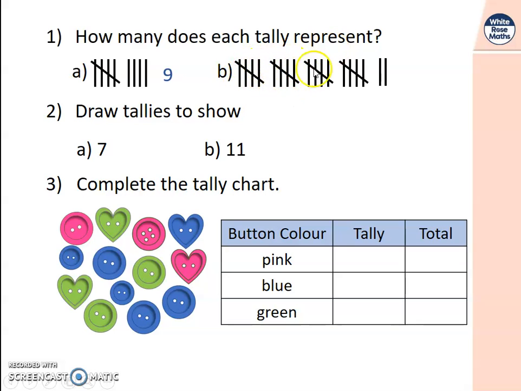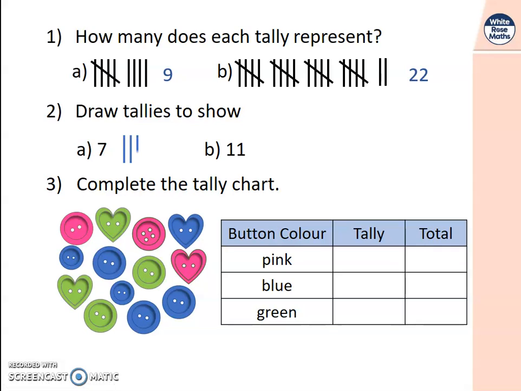5, 10, 15, 20, 21, 22. Well done. Draw the tallies to show 7 and 11. So would we do it as 7 ones all in a line like that? 7 lines? We wouldn't, would we? We'd make sure that we would have 5.